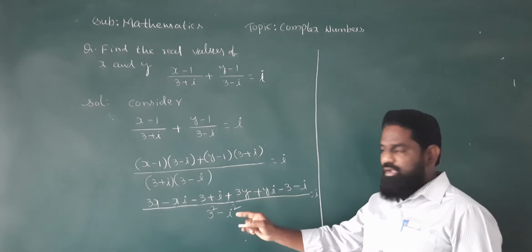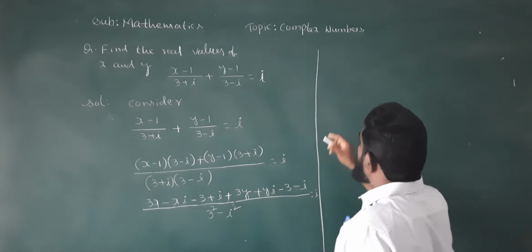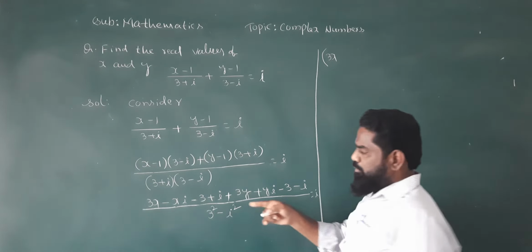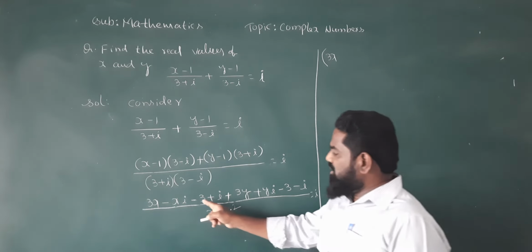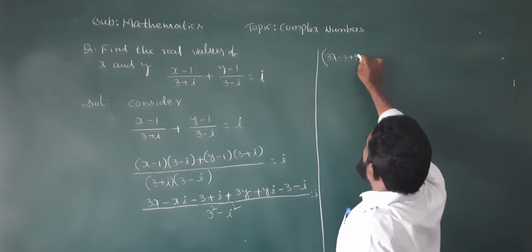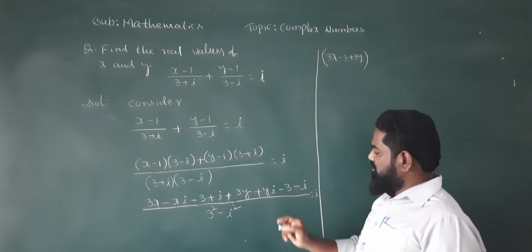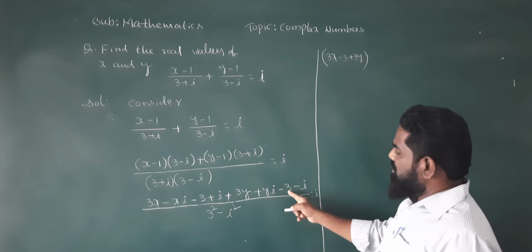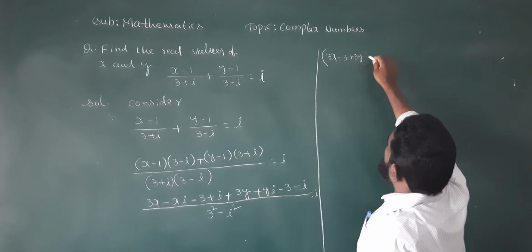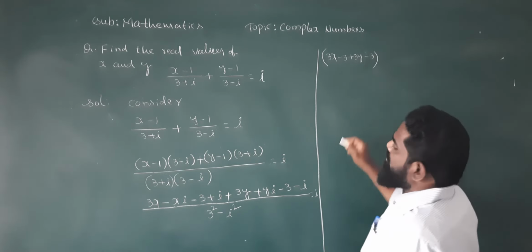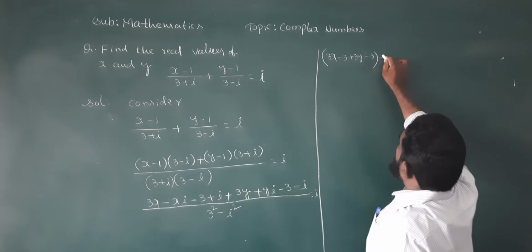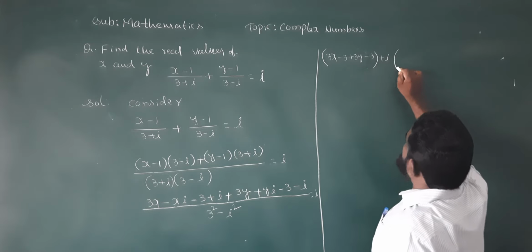Now, in the numerator, take all the real parts together. 3x is a real part, minus 3 is a real part, plus 3y is a real part, and one more real part, minus 3, is there. All these are real parts. Next, the i terms. What do we get common?